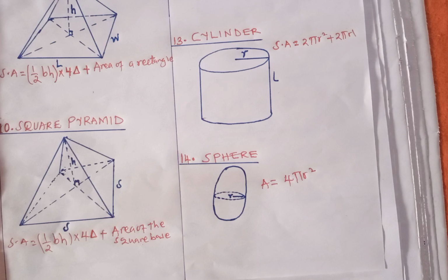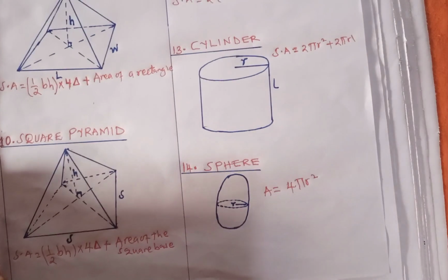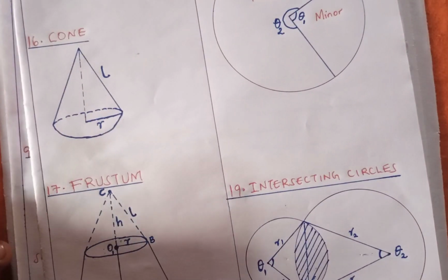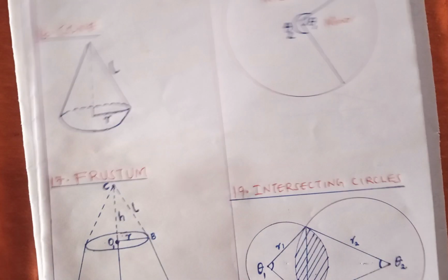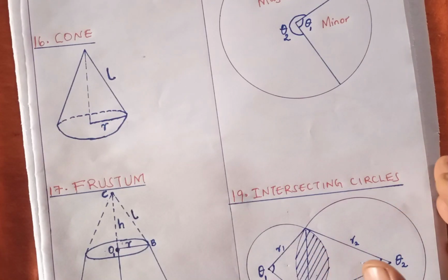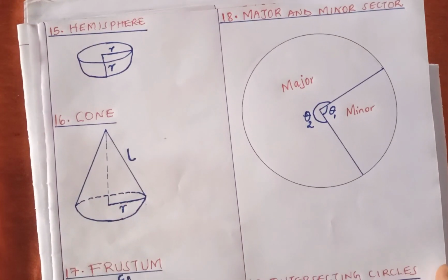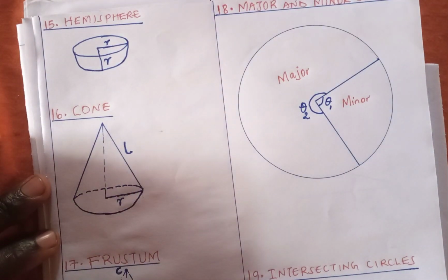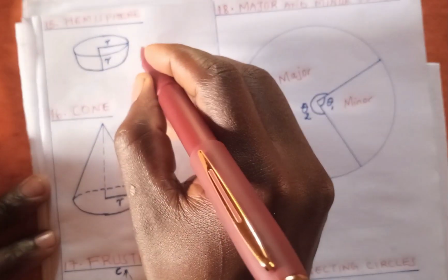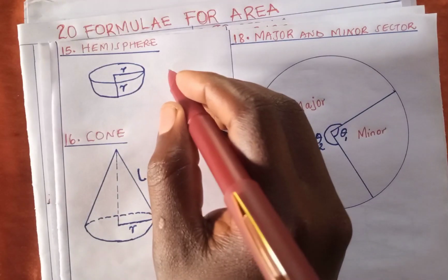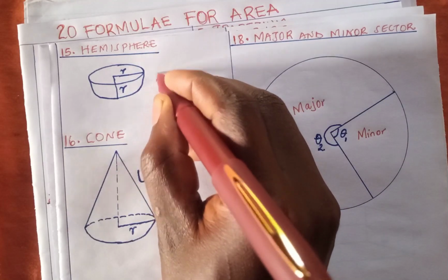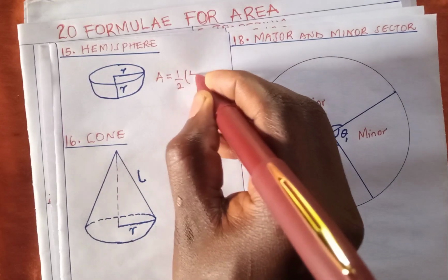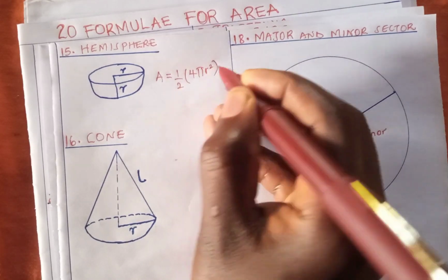Very well. So the next thing that we want to look at is a half of the sphere, namely the hemisphere. The name given to a half of the sphere is the hemisphere. This is the hemisphere that we have. So we are going to say that the area for this is going to be a half the area of the sphere.